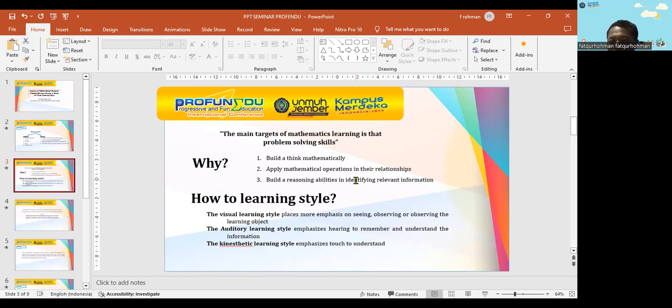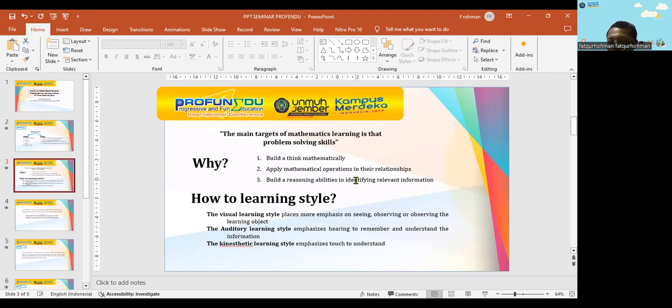And number three, reasoning ability in identifying relevant information. These three are important mathematical learning skills, and the focus is problem solving, which is related to reasoning skill.